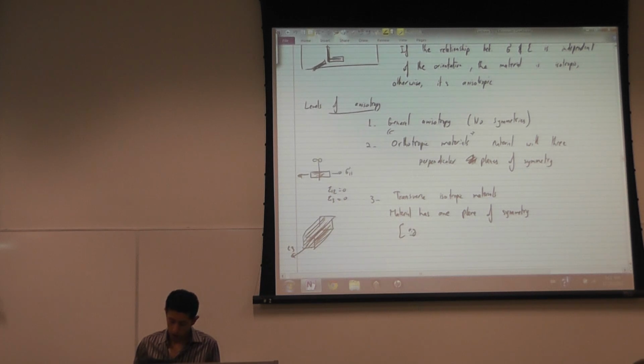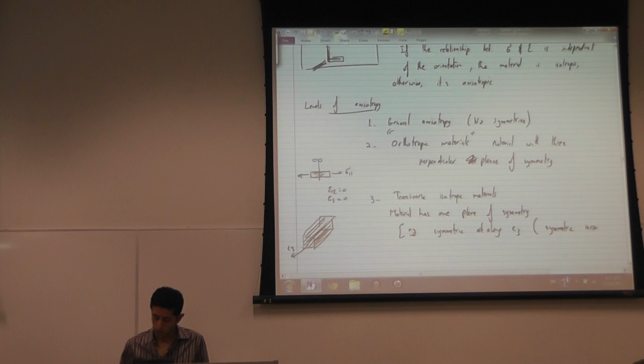Example. Symmetry along E3, or basically symmetry around a plane perpendicular to E3.